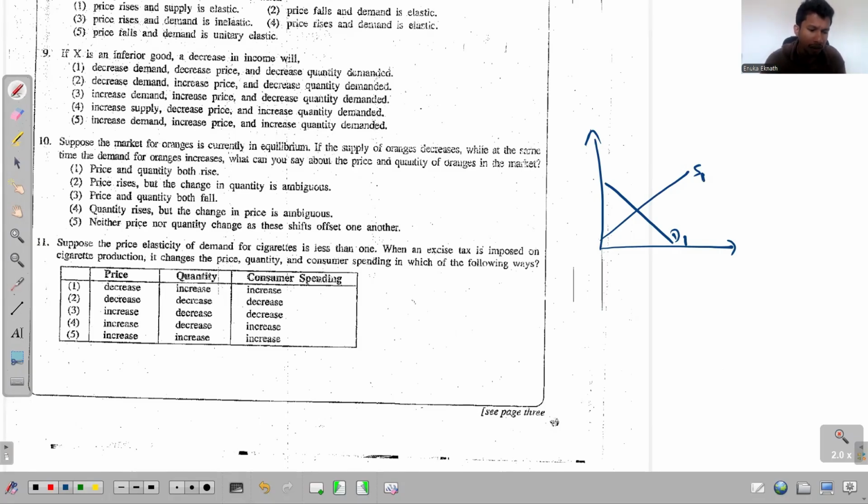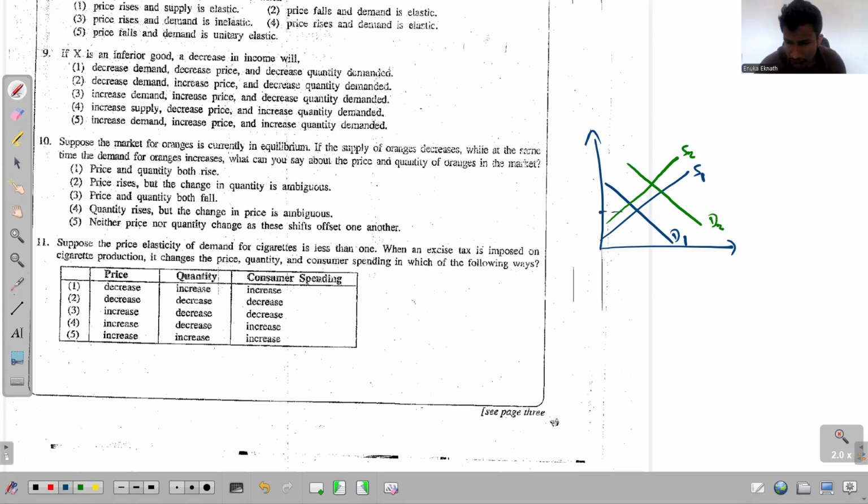So what needs to happen here? The supply should decrease and the demand should increase. Okay, so this is your new supply curve, and this is your increased demand curve. The demand curve gets shifted as a result of the increase in demand, and the supply curve gets shifted to the left side as a result of the decrease in supply.